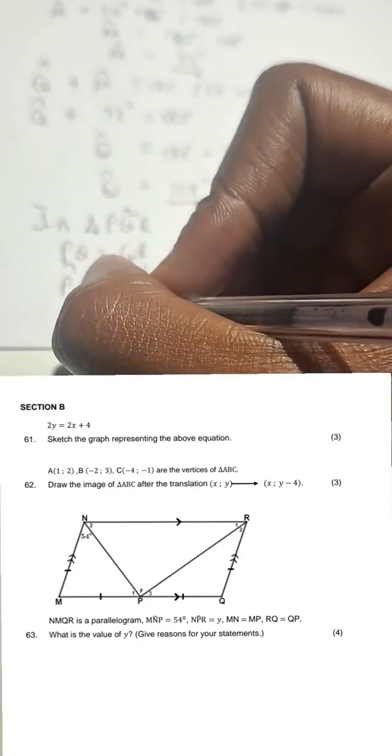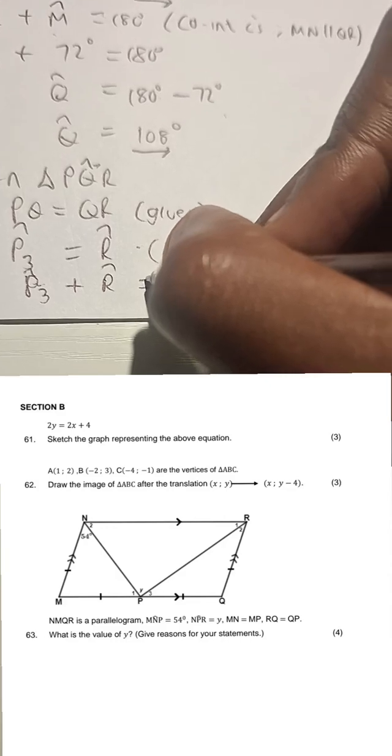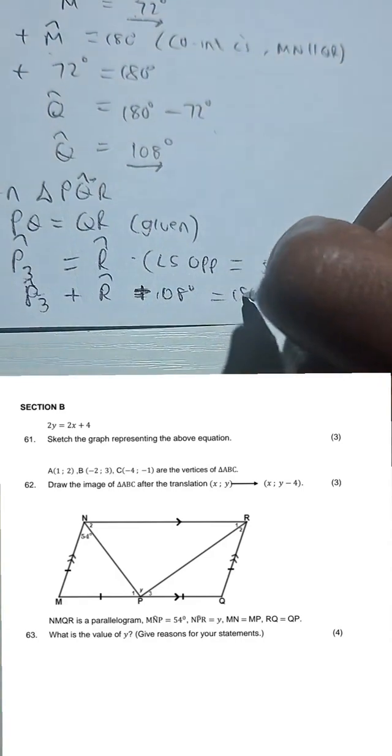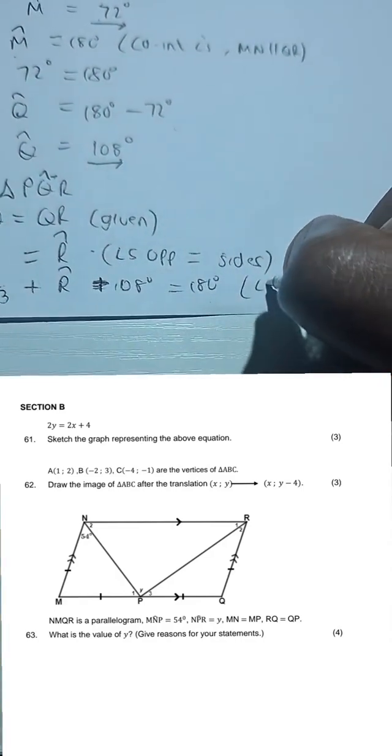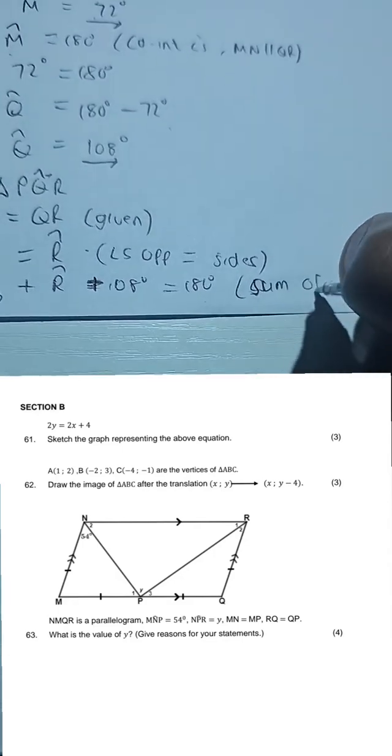Okay? So now I want P3. That's all I'm interested in. So I'm going to say angle P3 plus angle R plus 108, sorry, is equal to 180. What's the reason? Sum of angles in a triangle.